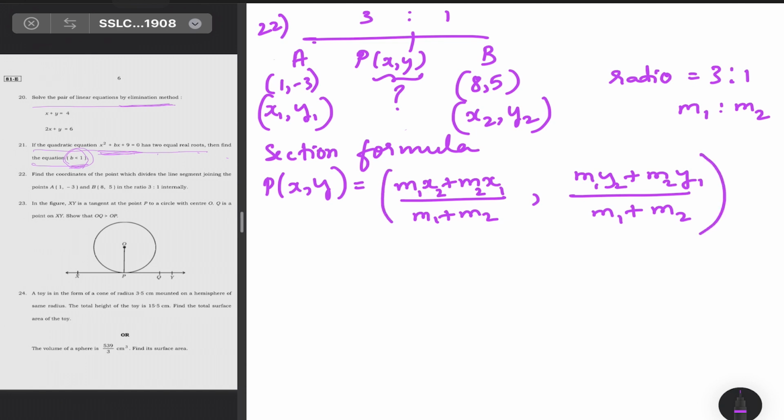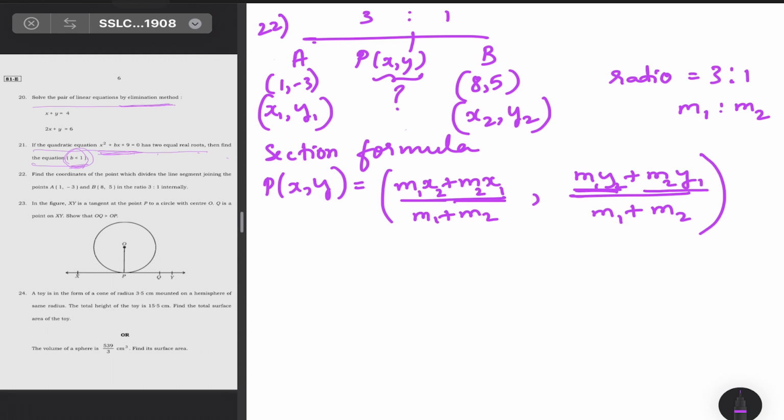This is the easiest way to remember the section formula: m1x2 plus m2x1 divided by m1 plus m2, and m1y2 plus m2y1 divided by m1 plus m2.